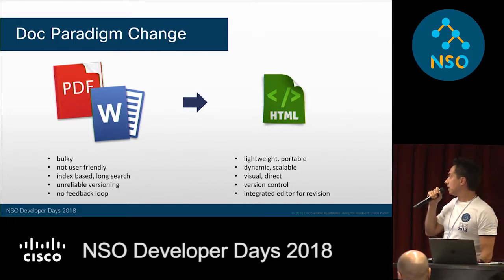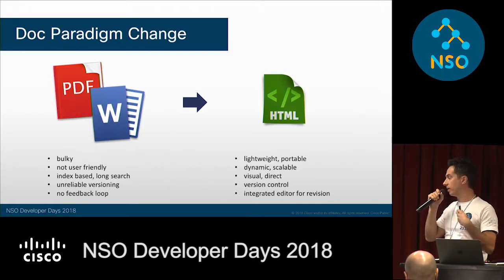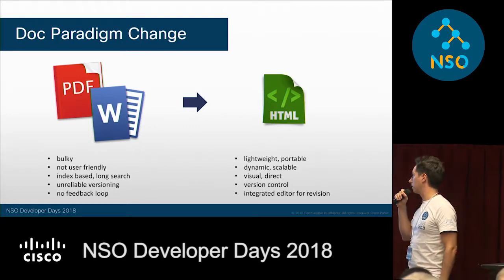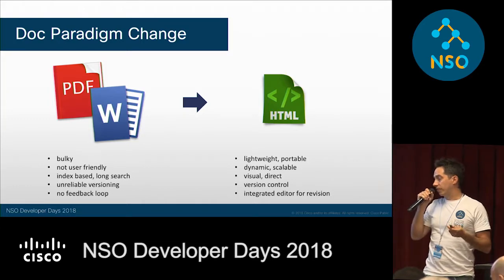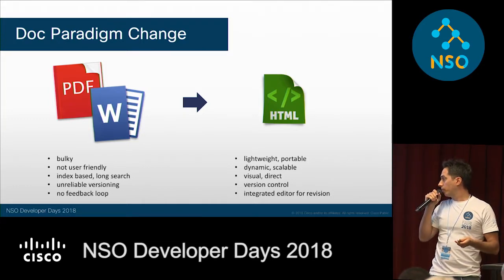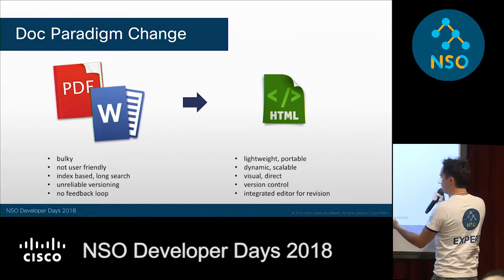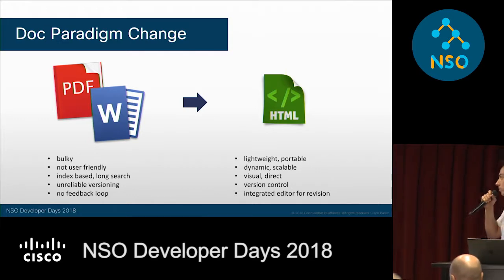That is lightweight, that is dynamic, very visual, very easy to follow. Some of you might be already familiar with this kind of documentation. It's very good for version control, and we can add other features like integrated editors for revisions. We'll see later an example that we built.